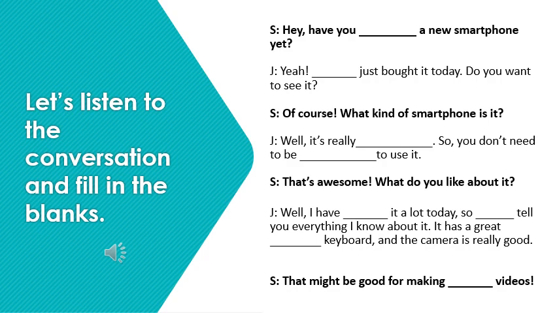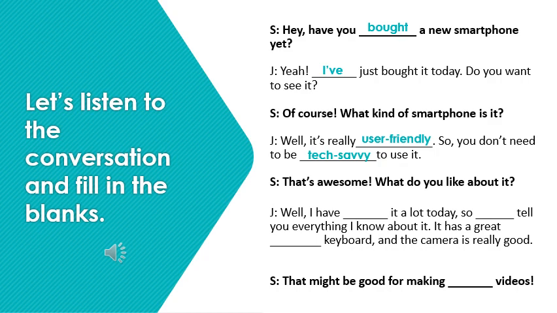Here we go. Hey, have you bought a new smartphone yet? Yeah, I've just bought it today. Do you want to see it? Of course. What kind of smartphone is it? Well, it's really user-friendly, so you don't need to be tech-savvy to use it.